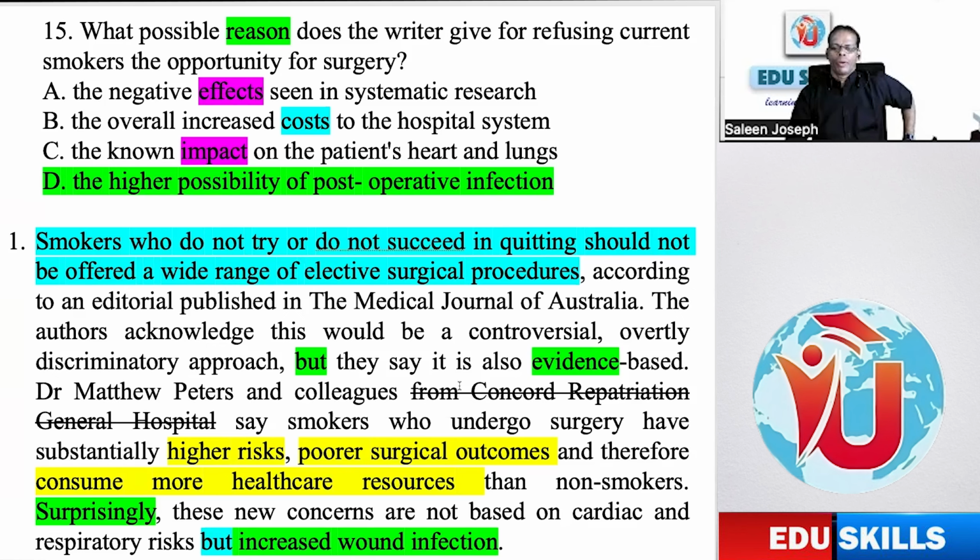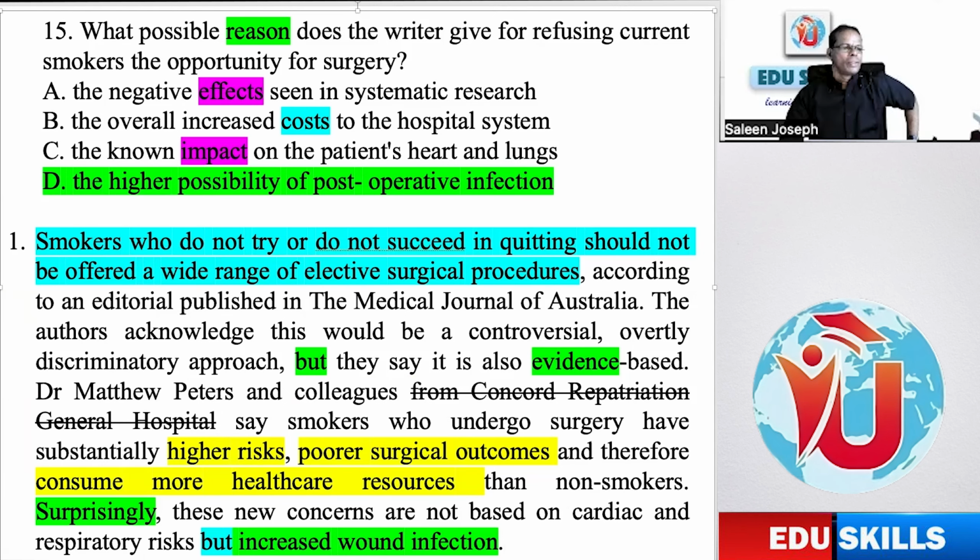Concord Repatriation General Hospital is speaking about where they are from. Sometimes you can even ignore colleagues. You can say, Dr. Matthew Peters says smokers who undergo surgery have substantially higher risk. Got it? Yes, sir.